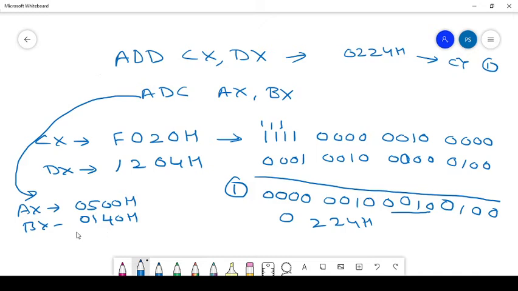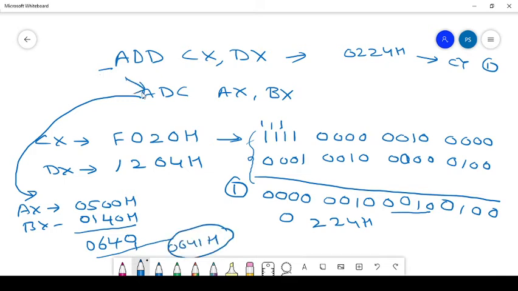That means first it adds the content of AX and BX, that is 0, 4, 5 plus 1, 6, 0, and this result will be added with the content of carry, depending upon the result of the previous instruction. So that is 1. Therefore the answer will be 0641H. So that is the importance of the ADC instruction. The result will be added with the content of the carry flag, which is decided by the result of the previous instruction.